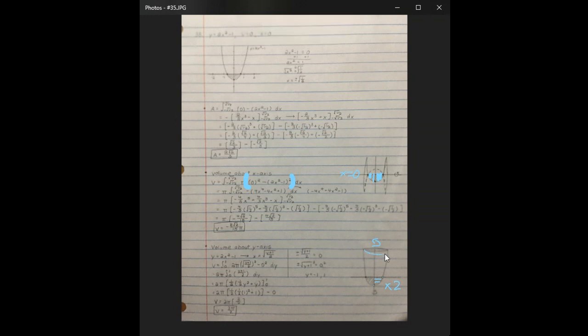You could just draw the circle down. Really, we get this whole thing. We get the part above the x-axis as well when we rotate this piece.